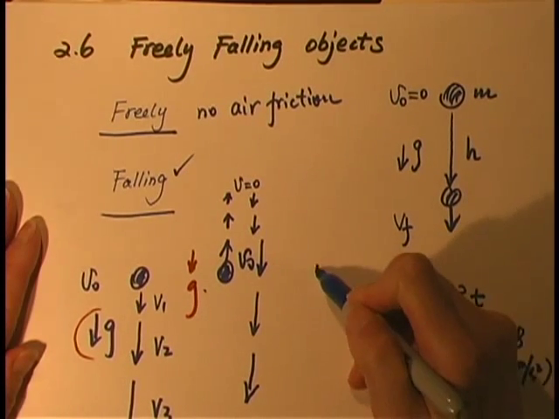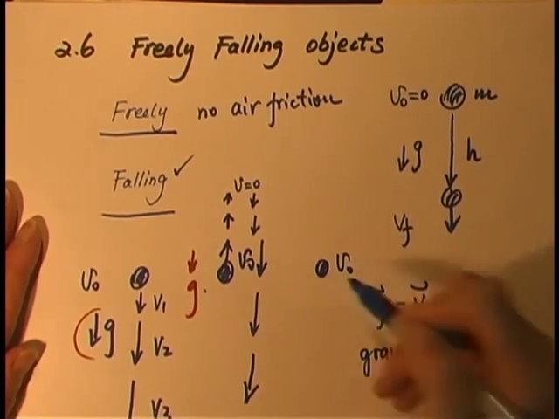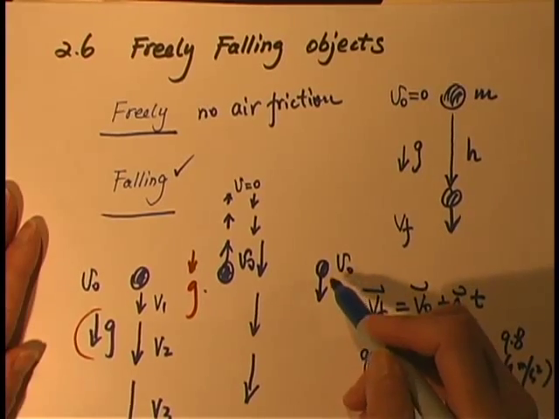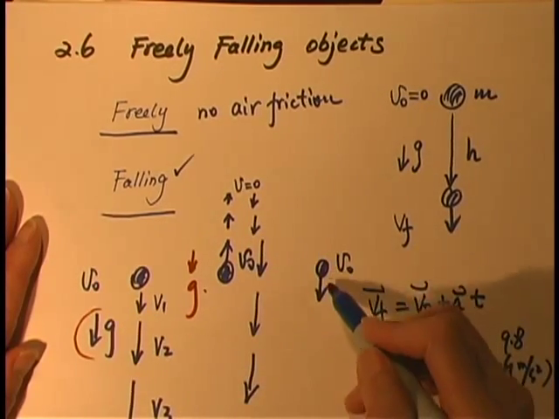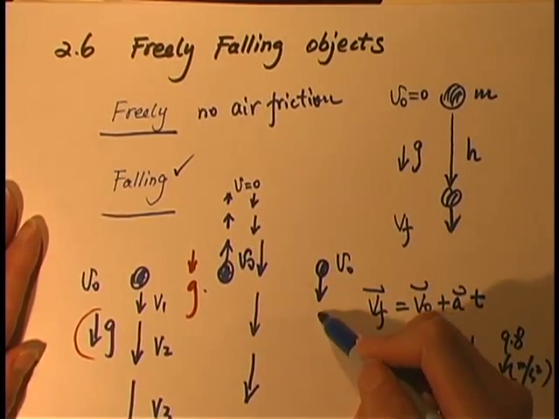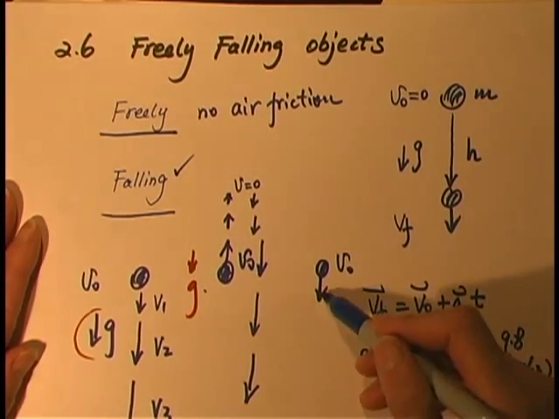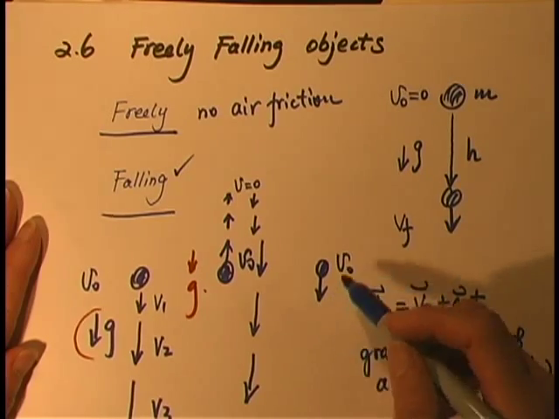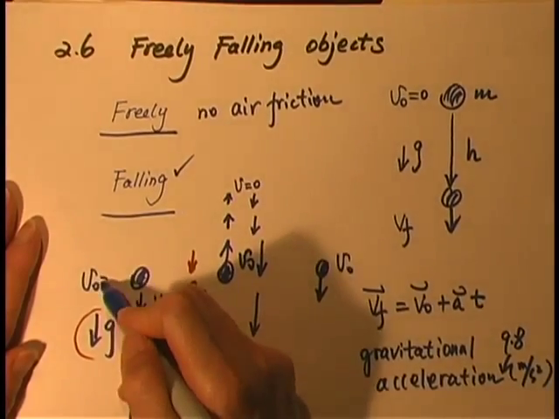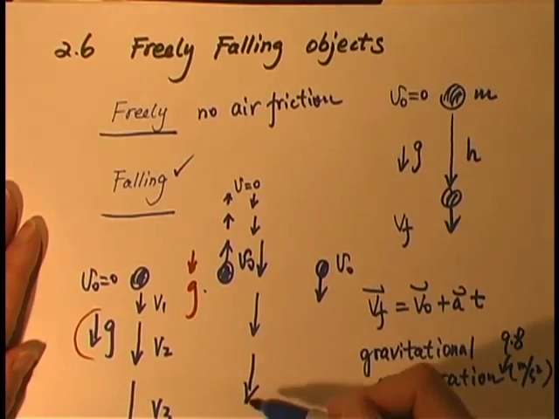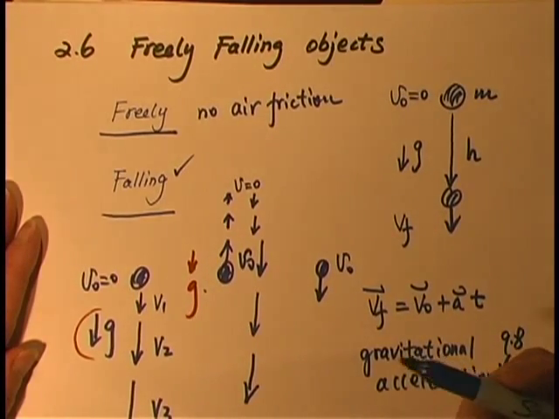Well, if we threw something down with this v initial, downward, then compared to case number 1, it will pick up at the same rate, because every 1 second g is going to add 9.8 meters per second. For example, in this one the initial velocity equals 0. So after 1 second, let's say v1, that is 9.8 meters per second down. That's the speed.